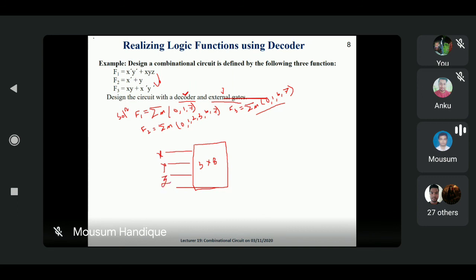Based on the min terms, the highest number is 7, so obviously the output is 8. So 0, 1, 2, 3, 4. Okay. Now see here.